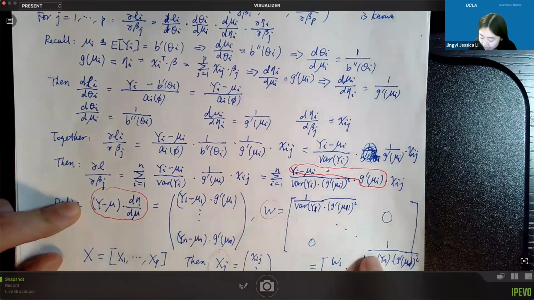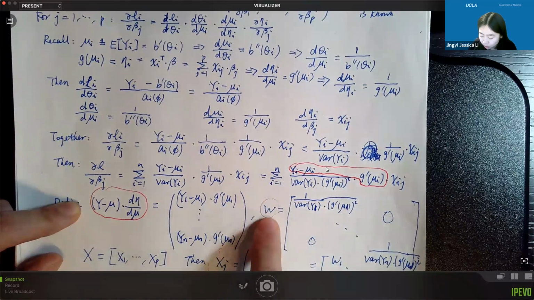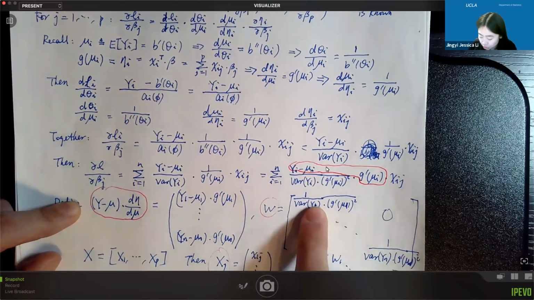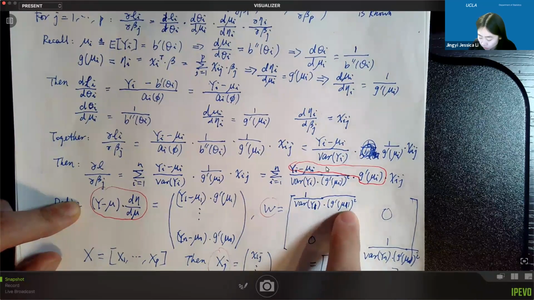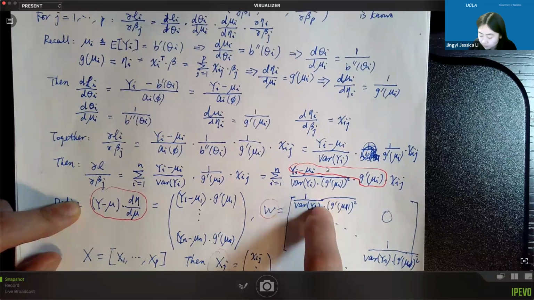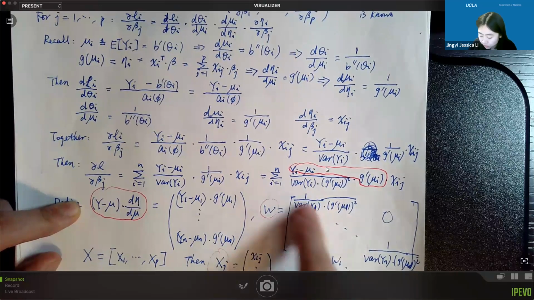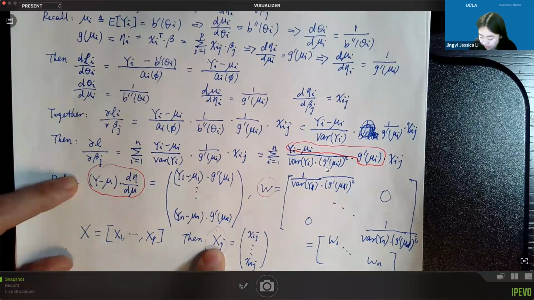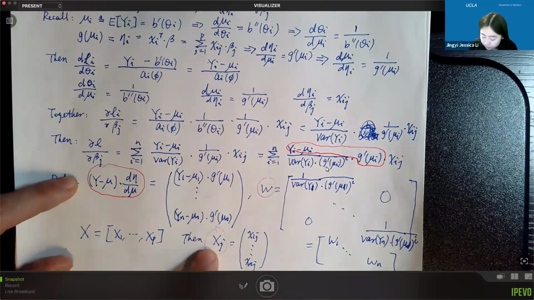We also created a diagonal weight matrix W, which we'll see why it's a weight, where each entry is the inverse of variance y i times g prime mu i squared. That's our W. We also have the jth column of the design matrix X called x j.